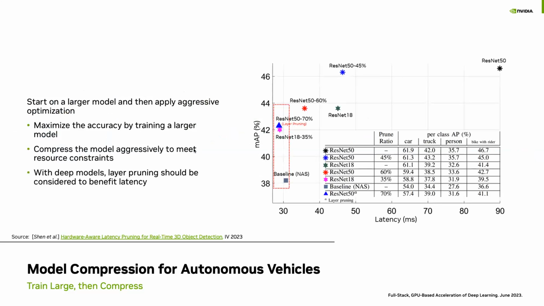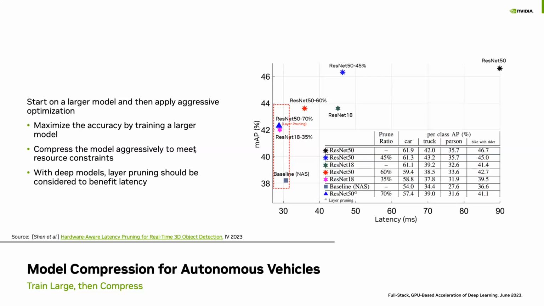We use 3 different kinds of architectures for the experiment. The first one is a compact model, which is obtained using architecture search. The other 2 are the ResNet-18 and the ResNet-50. So as expected, the larger the model is, the higher accuracy we can get, but the larger latency we will have for the inference.